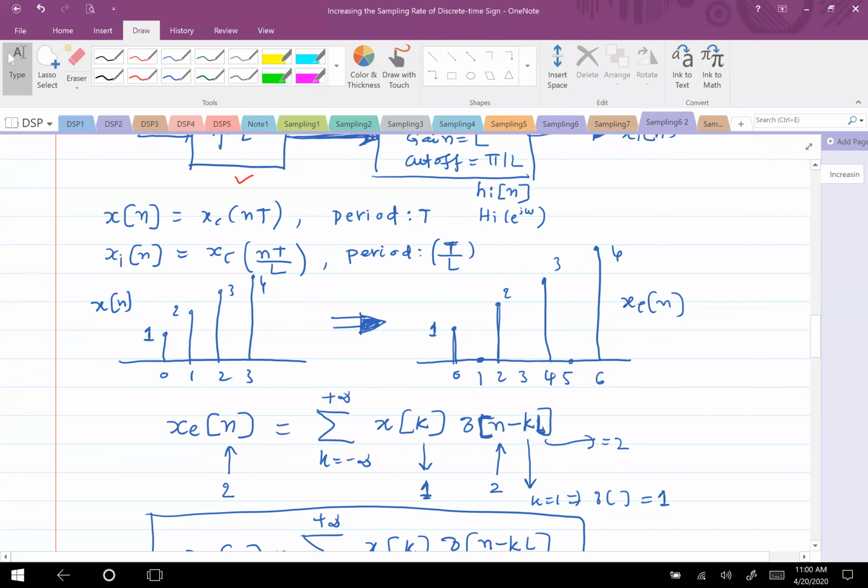In downsampling and upsampling, both input and output are discrete time signals, whereas in D2A conversion you go from discrete to continuous time, and in the other case, continuous time to discrete.